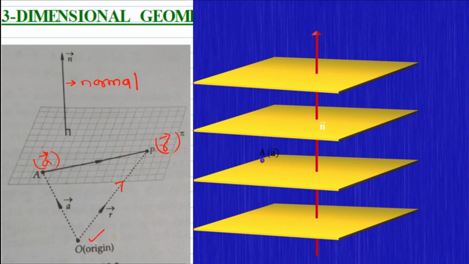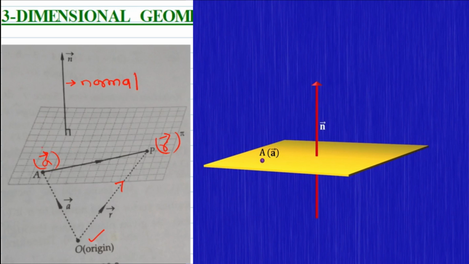Then how many planes are there which pass through point A and are perpendicular to n vector? Your answer should be there is only one plane, which passes through the point A having the position vector A vector and is perpendicular to n vector.